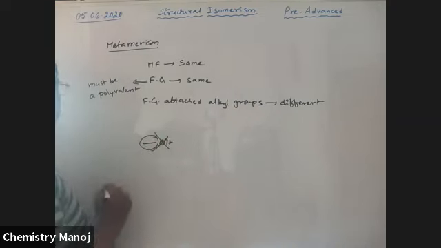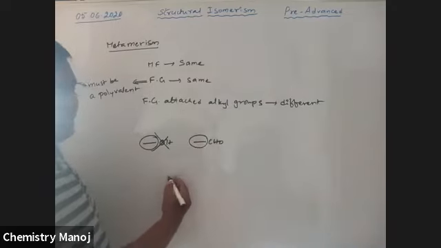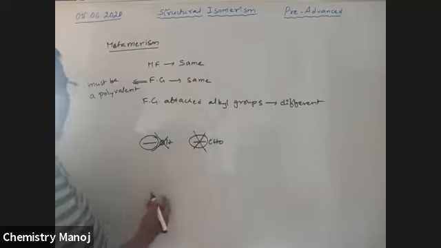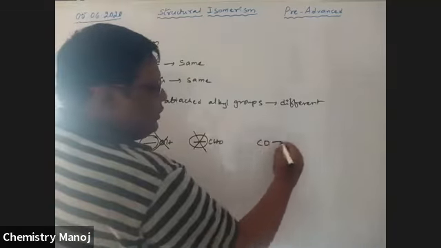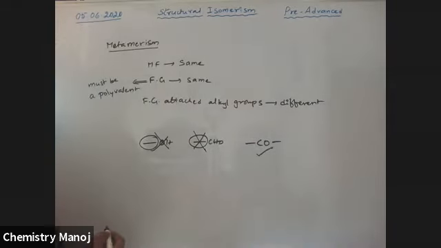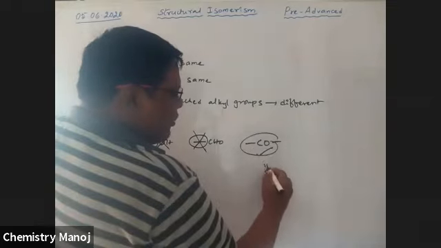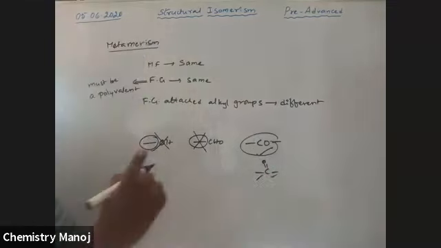Aldehyde, CHO, has only one free valence, so it does not exist. Ketones, CO, have two free valencies, so it is possible. CO means C double bond O, with a valency on each side. More than one free valency must exist.